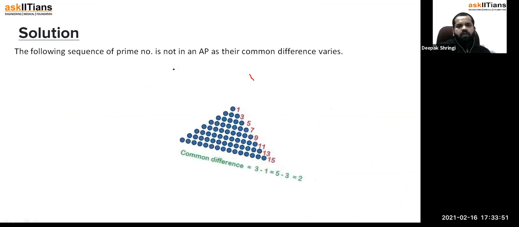The following sequence of prime numbers is not an AP as the common difference varies. 1, 3, 5, 7, 9, 11, 13, 15. Its common difference is not the same, okay? So it is not an AP, correct?